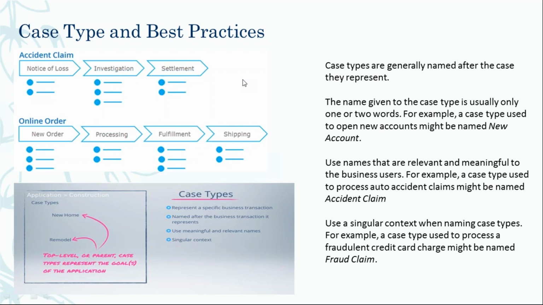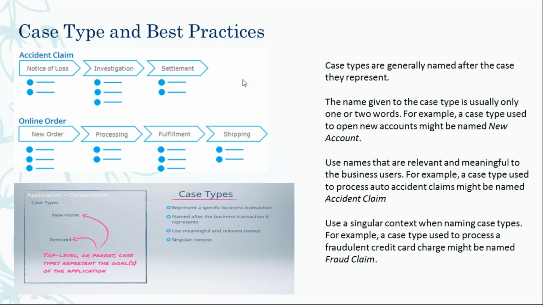What do we mean by singular context? If you give the name as claim only, we will not get to know whether it's an accident claim, fraud claim, or some other health claim. So it needs to be a singular context.